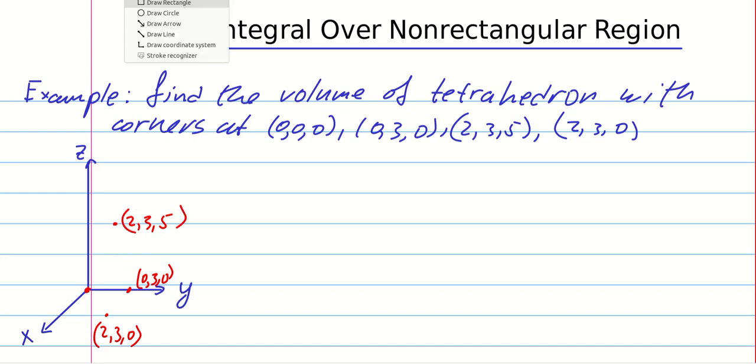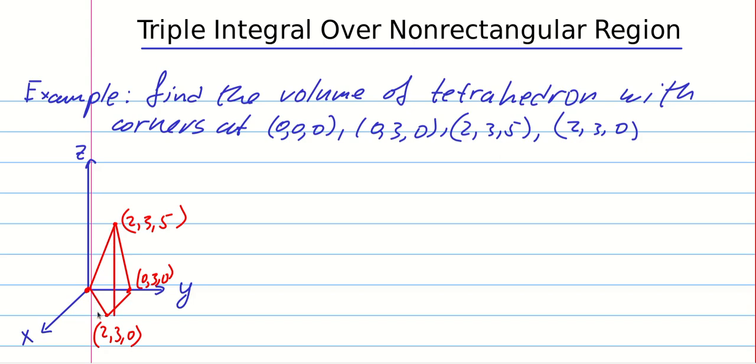So basically, if we connect these points, we get our tetrahedron, and we would like to find the volume of this tetrahedron.